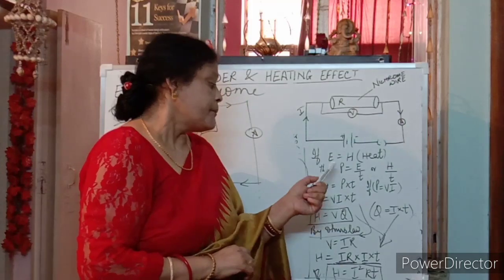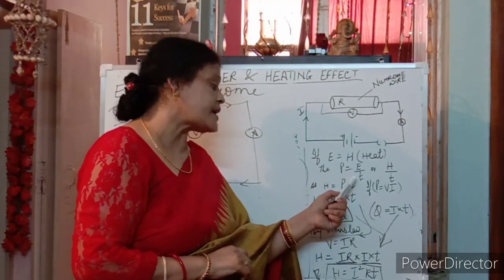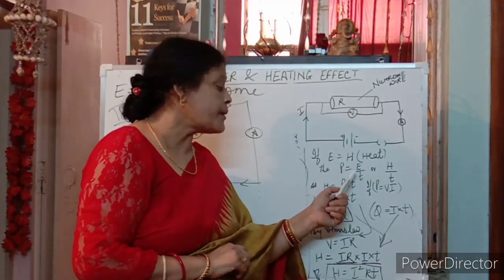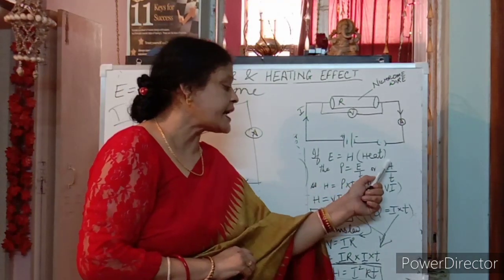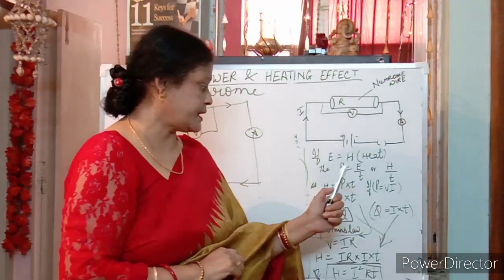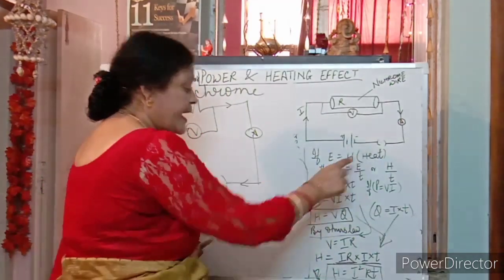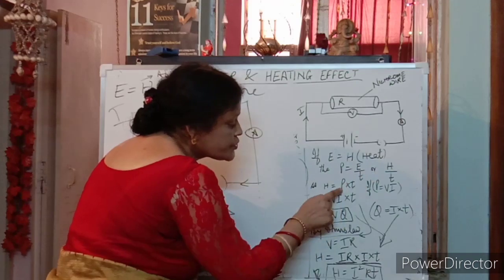Now we know that P is equal to work upon time. So here work is converting into energy, that is energy upon time, or we can say H upon T. Electrical energy is converting into heat energy. So H is equal to P into T.